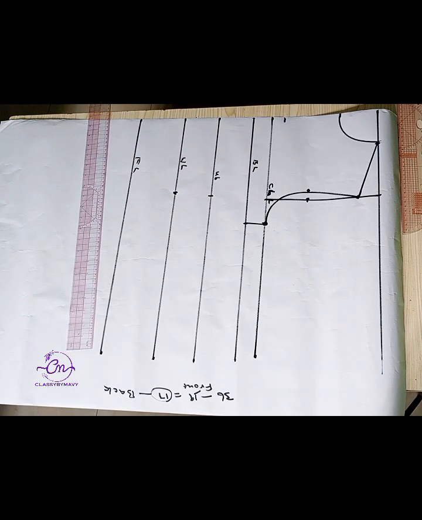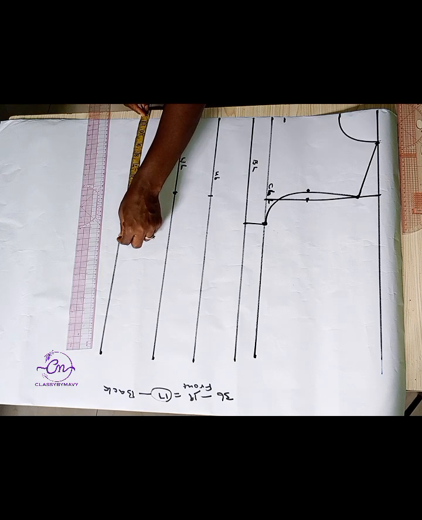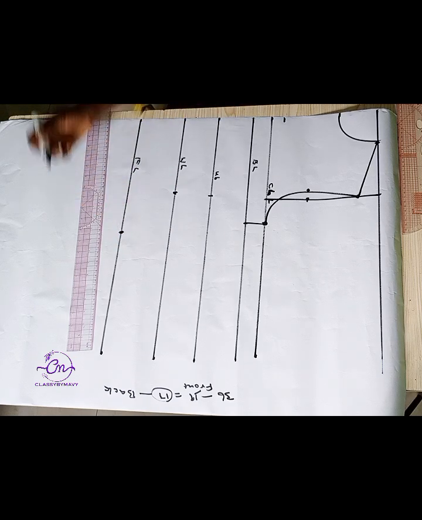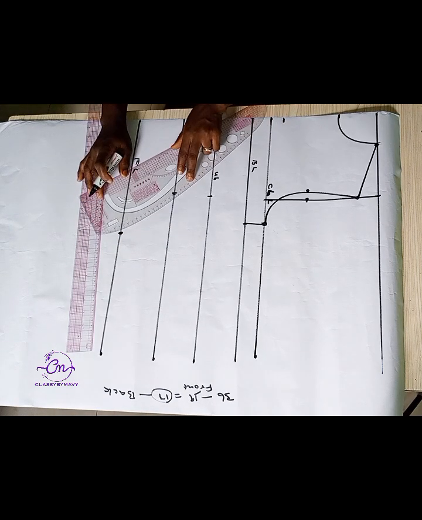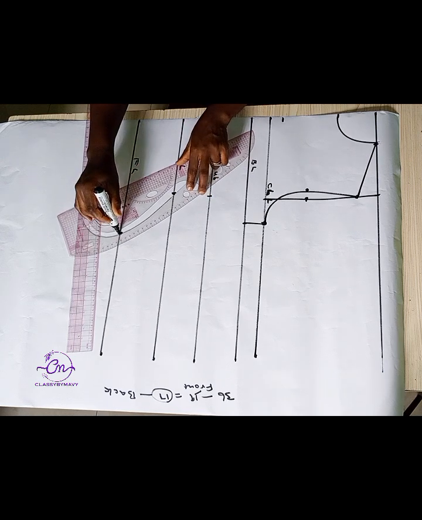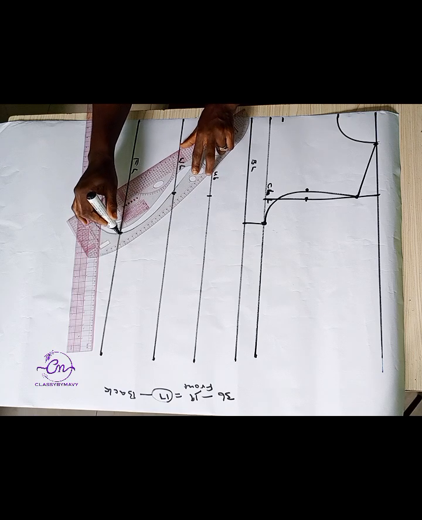Then for the full length measurement, I'm inserting my hip circumference divided by 4, which is 42 divided by 4, which is 10.5. So I have marked it. Now I will link all my points. For the hip area, I'm linking with a curve, as you can see.